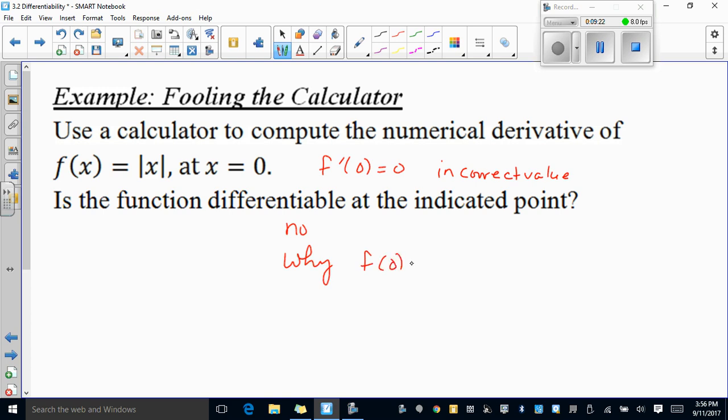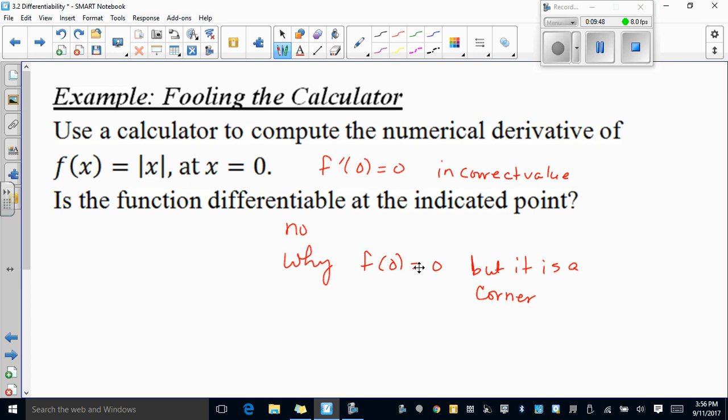It's not that big a deal, but it's a corner. It's a corner. And so even though our calculator gave us a value, if I gave this problem to you and you said that f prime at 0 is 0, I would have to mark it wrong. I know the calculator gave you a value.